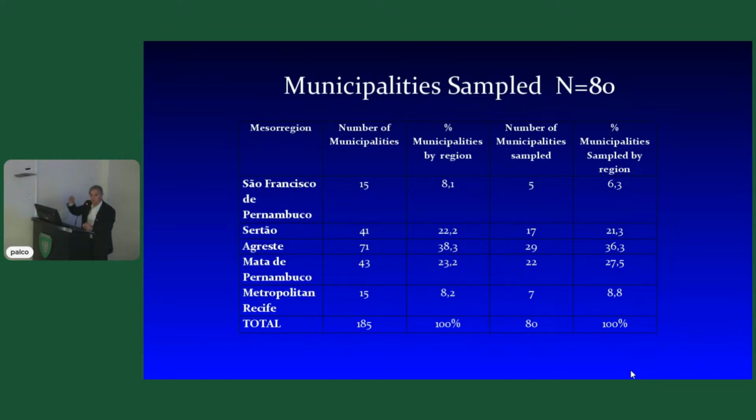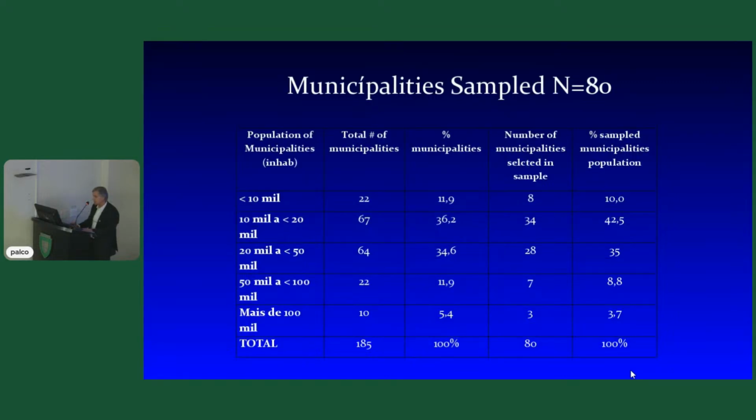I was in innovation. We were able to actually, through the satellites in Rio Grande do Sul, follow and see if the people are pinging them, like an electronic ping, to see if they're on the streets and in the household. So here is a little bit of the sampling by region: number of municipalities, percent of municipalities by region, number of municipalities sampled by region. Here, again, is by the size of the municipalities.